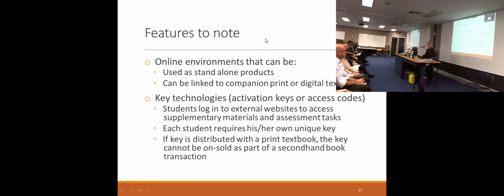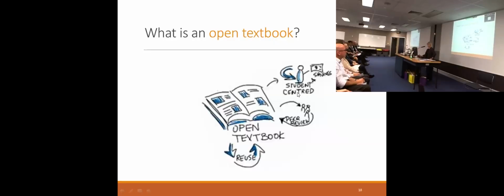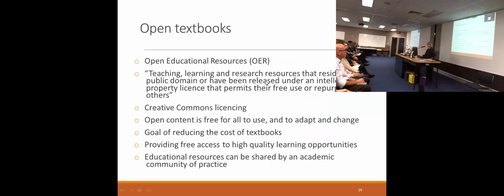So there are major implications in terms of access. What we shouldn't overlook is the big push as well for open educational resources and open textbooks. The whole digital environment allows academics to create their own content or to collaborate with other academics to create that.